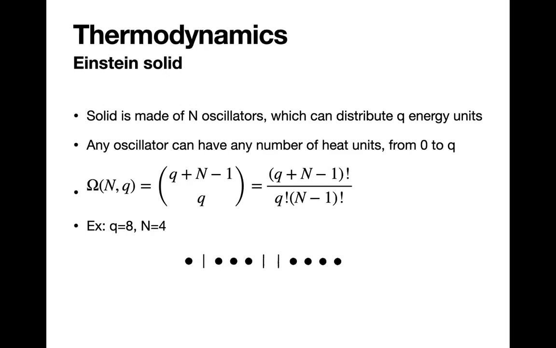So it's kind of like having 12 coins and saying 3 of them are tails, or in this case 8 of them are heads, where we say Q.